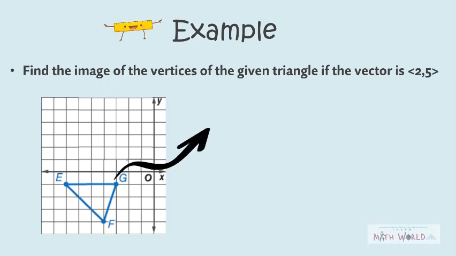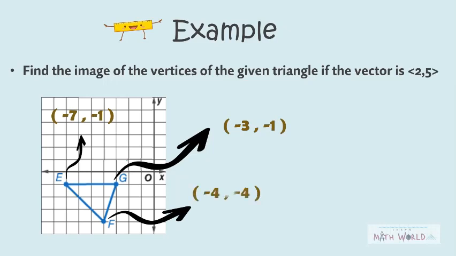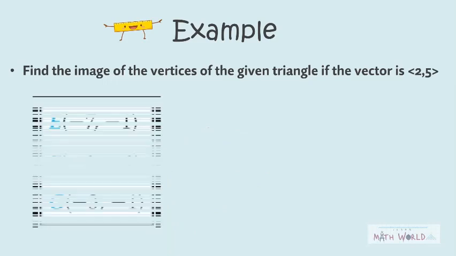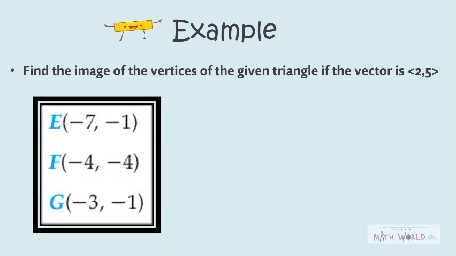So, as you see, the coordinates of G are -3 and -1. And the coordinates of E are -7 and -1. The coordinates of F are -4 and -4. So these are the coordinates of the points E, F, and G.